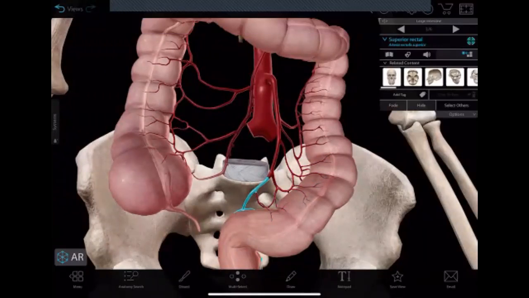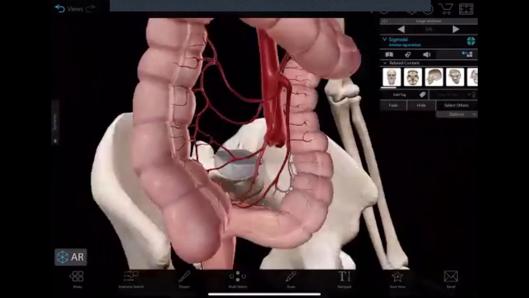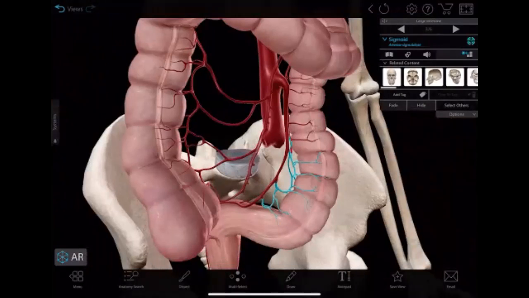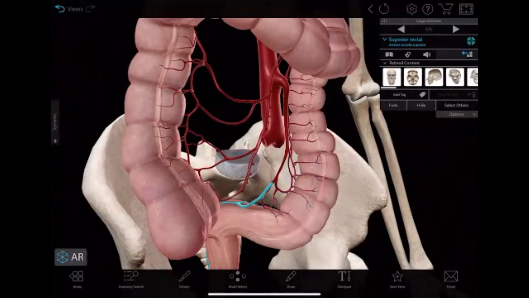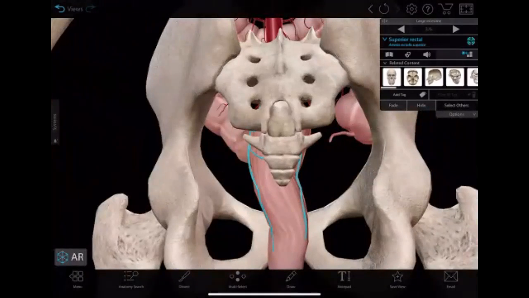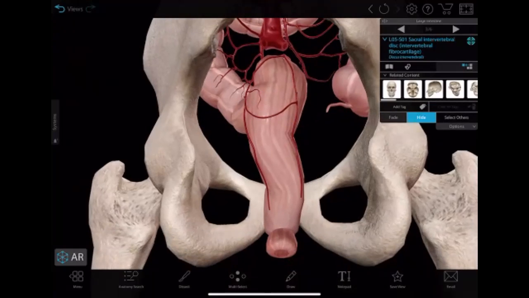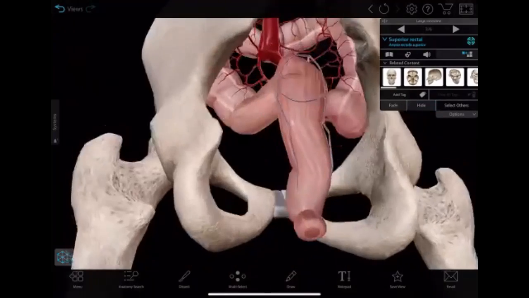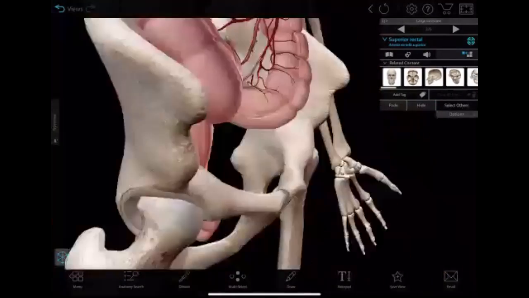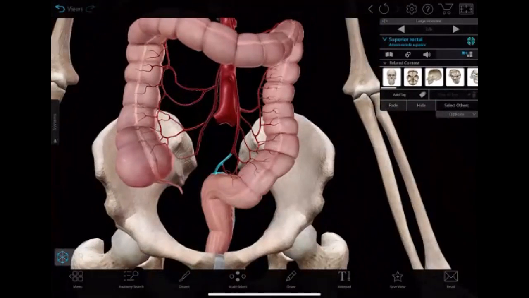So we have left colic artery and sigmoid arteries and superior rectal artery, right? Superior rectal artery which supplies the whole of rectum, you can see. See, this one is superior rectal artery coming all the way to the anus.